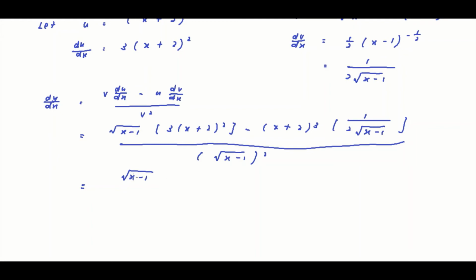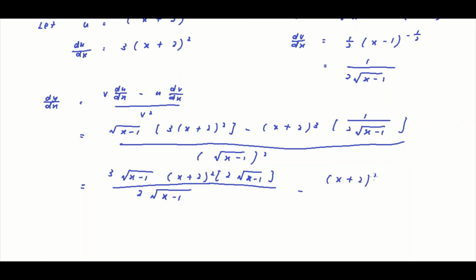Okay, I'm writing down the whole step so you can see this slide clearly. What we are trying to do is multiply the whole thing with 2 then (x minus 1). Same thing happens here also. Okay, and then minus, so I have (x plus 2) cubed over 2 square root of x minus 1.